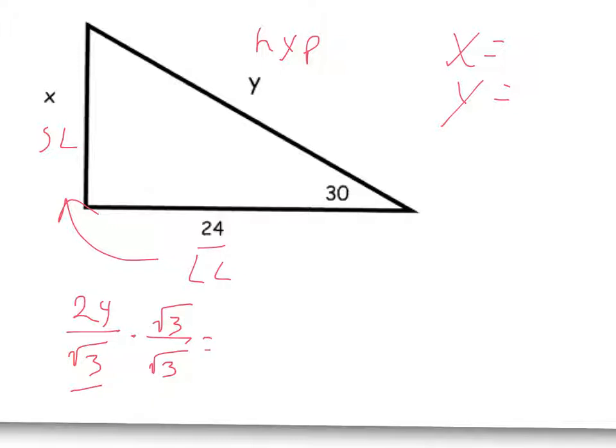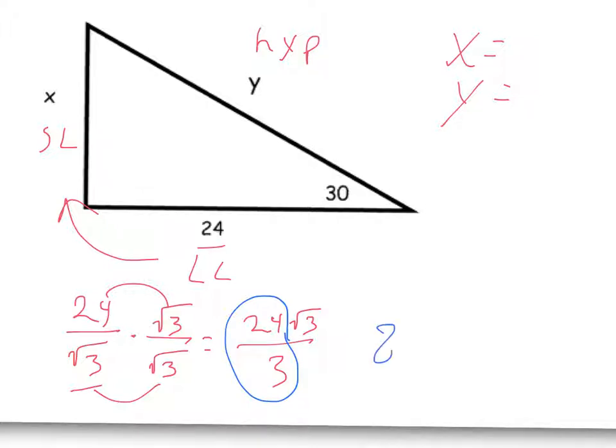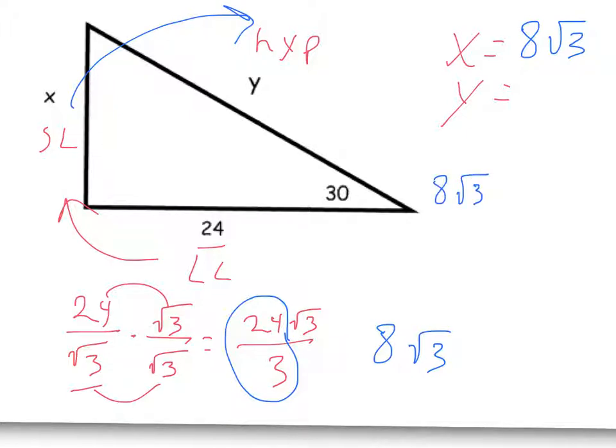So we multiply times radical 3 over radical 3, which gives us 24 radical 3 over radical 3 times radical 3, which is just 3. Now we can simplify that fraction into 8 radical 3. So that's the short leg. How do we go from a short leg to hypotenuse? Well, we take 8 radical 3 and we multiply it times 2. Again, whole number times whole number, which gives us 16, and radical 3 stays the same.